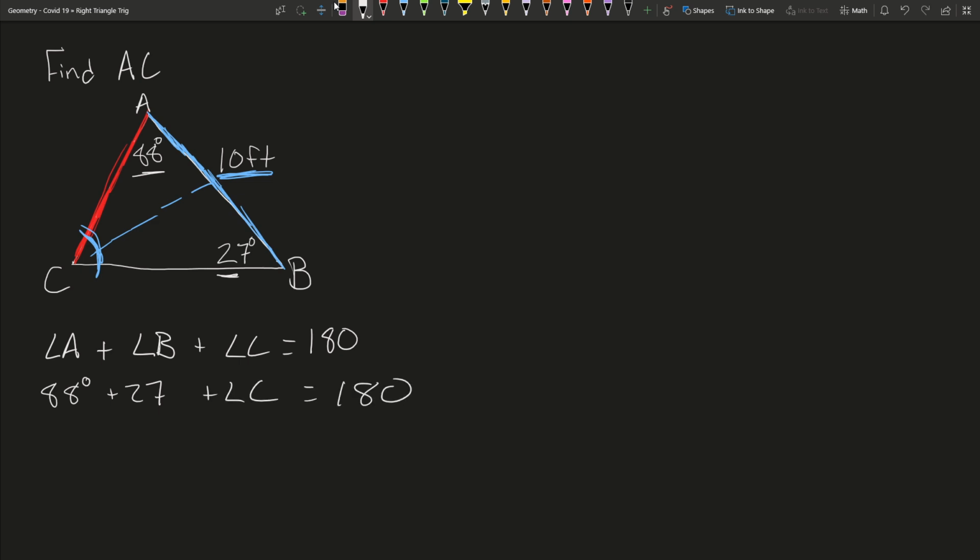So when we do that, 88 plus 27, that's 115. So then angle C is 65. Okay, so that's step one, is just to find this opposite angle.